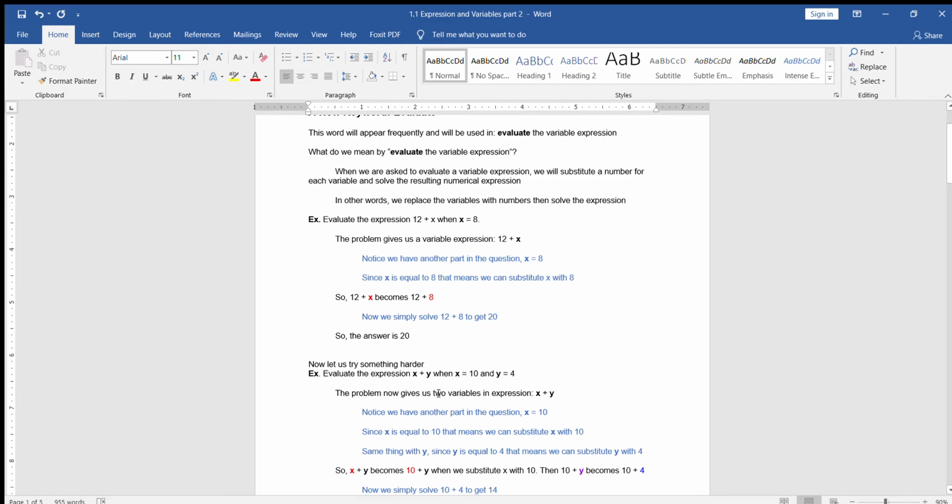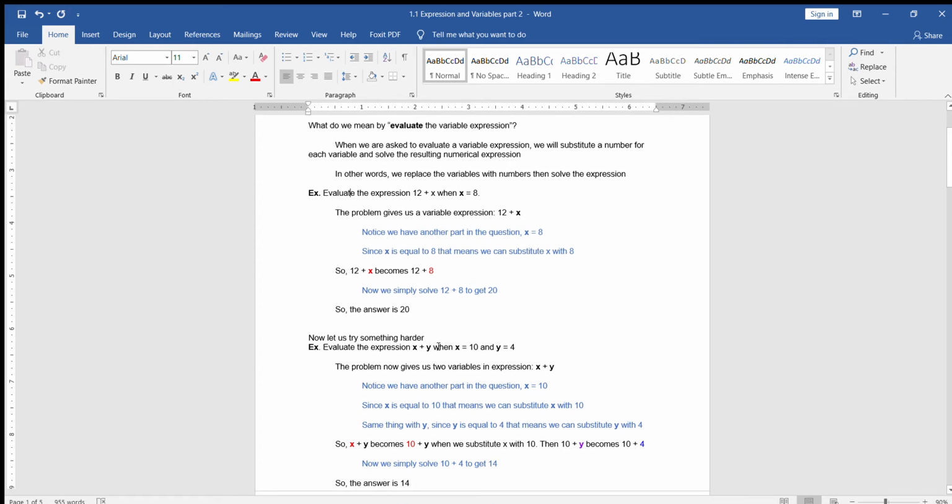But what happens when you have two variables in the expression? Let's say it's x plus y when x is equal to 10 and y is equal to 4. What do we do? Well, you basically do the same thing as in the previous example, except in this one you substitute both variables.